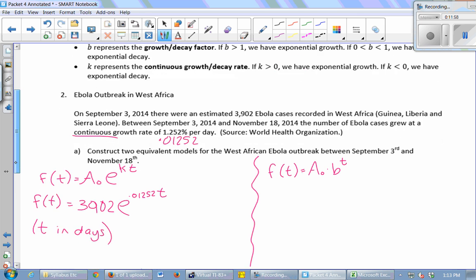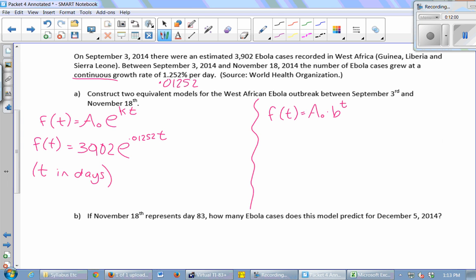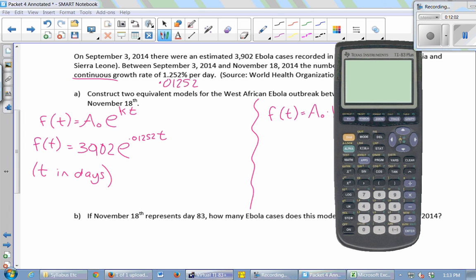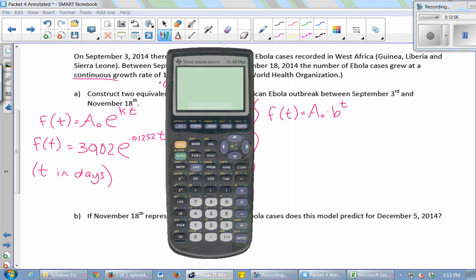In the calculator, I would do e to the 0.01252. So I would write off to the side here, b is e to the k. So b is e to the 0.01252. So b is approximately 1.0126.